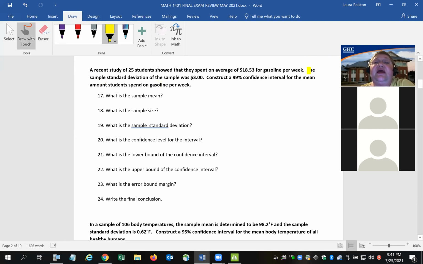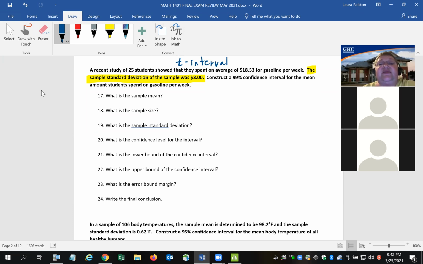Construct a 99% confidence interval for the mean amount students spend on gasoline per week. The phrase I just highlighted, the sample standard deviation of the sample was $3, is my clue that I'm going to do a T interval, because we use T whenever we know the sample standard deviation.